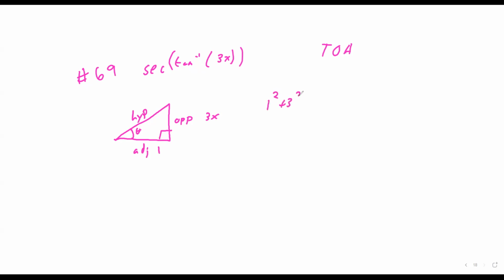Let's calculate our answer. 1 squared plus 3x squared, in parentheses, equals, we'll call it c squared. This is 1 plus 9x squared equals c squared. So the square root of 1 plus 9x squared equals c.